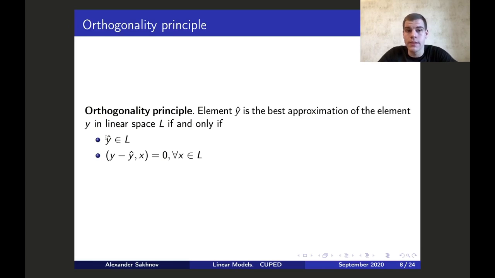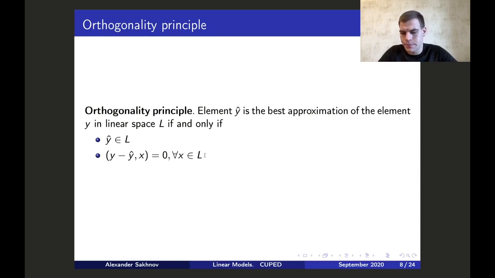The first is the same: if we find the best linear approximation in space L, then this element should belong to this space. And the second one claims that it's the orthogonal projection.